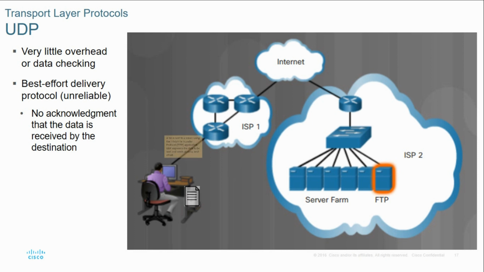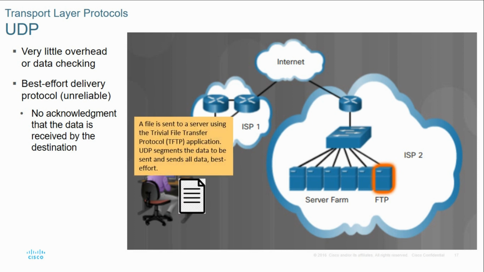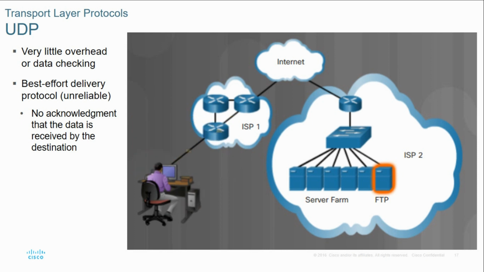When a file is about to be sent over the network, UDP segments the data and then sends all of it to the destination. UDP uses the best effort delivery protocol. This is considered unreliable because there is no acknowledgement that the data is received at the destination, as you see in the animation.